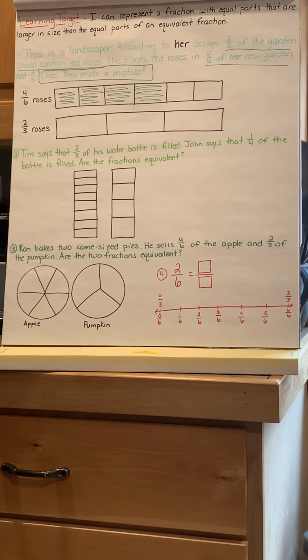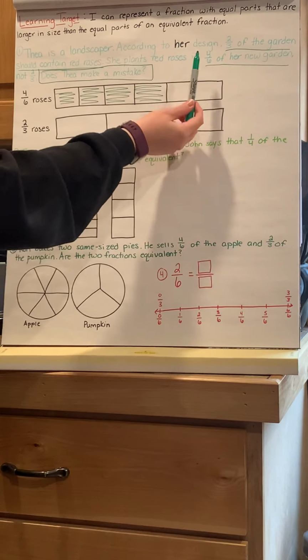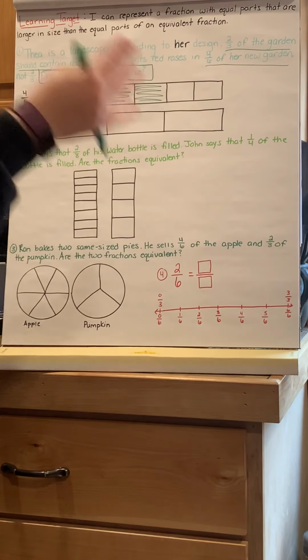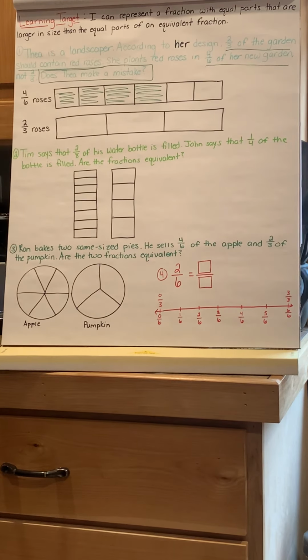So that's how much space she's going to take up with 4/6 of her garden being roses. But they want to know if that 4/6 of having roses in the garden is the same as having 2/3 of the garden be roses.